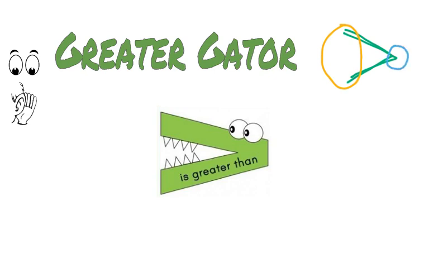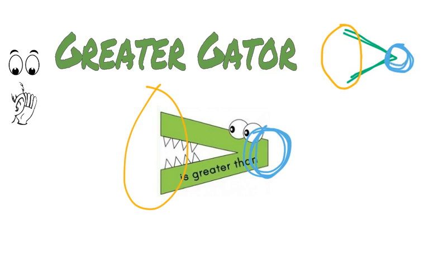The closed side goes to the smaller number. See how this part is smaller and then the opening is much bigger? Okay, so the greater gator wants to eat the bigger number.